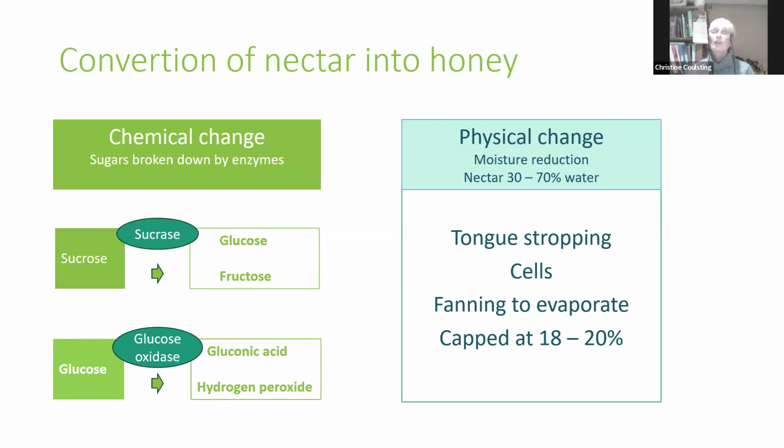So the initial moisture content is reduced. And then once it gets to a certain point, they will paint it over the edges of the cells, and there'll be further fanning to evaporate it. Once it's at about 18 to 20%, it's capped, and that capping is wax, so it will seal the cells.